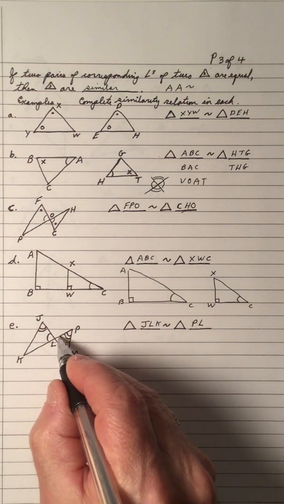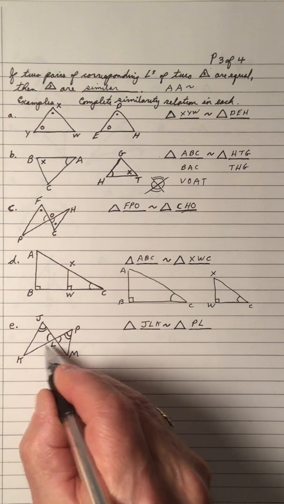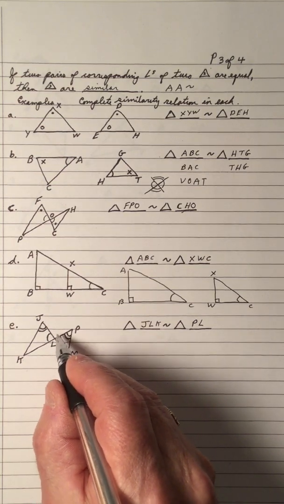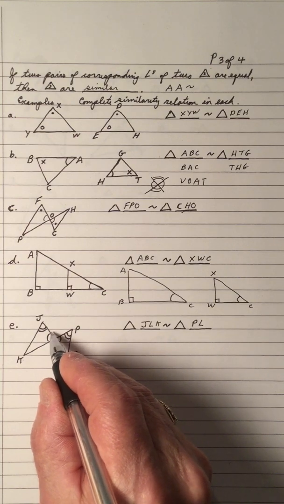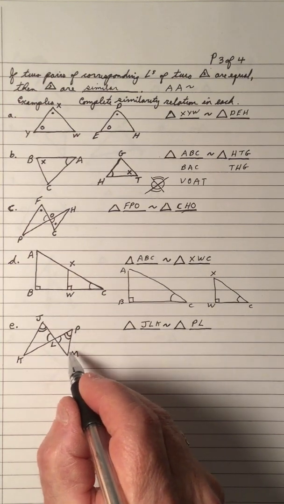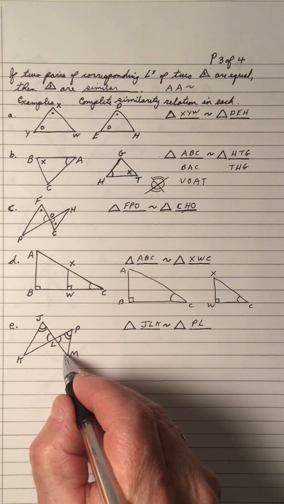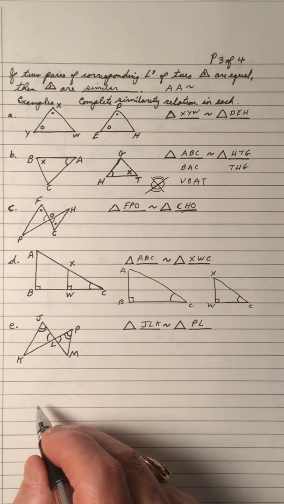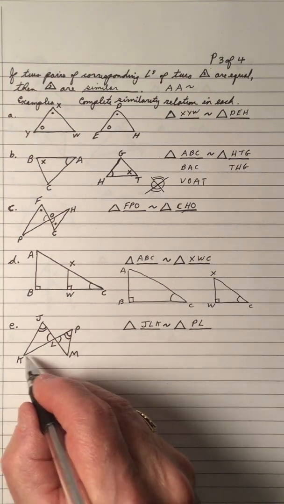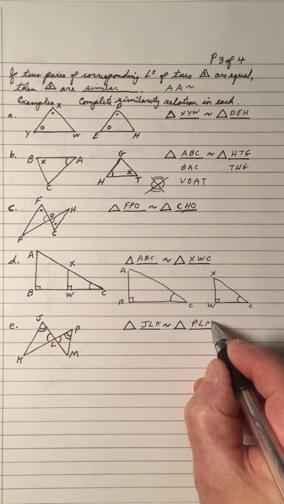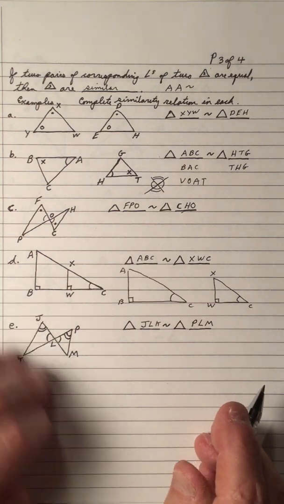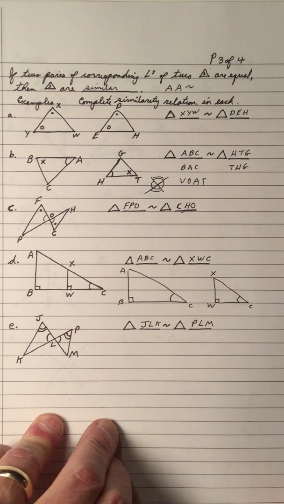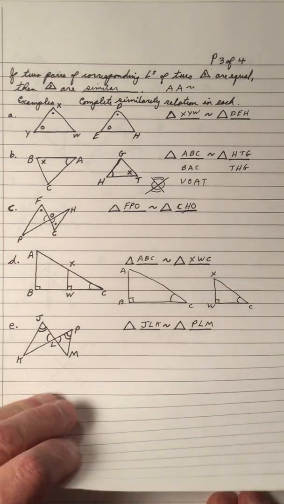This is the vertically opposite angles by intersecting lines. There's two lines intersecting, so these two angles are equal. Now JLP is equal to MLK, but we don't need these two. We only need the two that are in the triangles. And K must go with M because that's the angles that are left over.